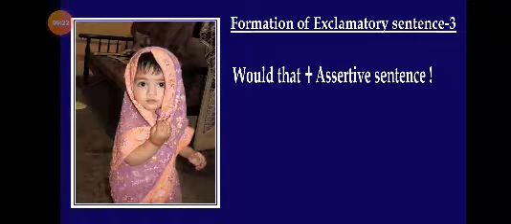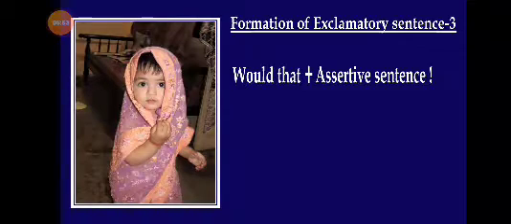And then we can also see another exclamatory sentence that will start with would that. And notice one thing, that if and would that have the same meaning. We can start the same sentence with if or with would that. The meaning will be the same.